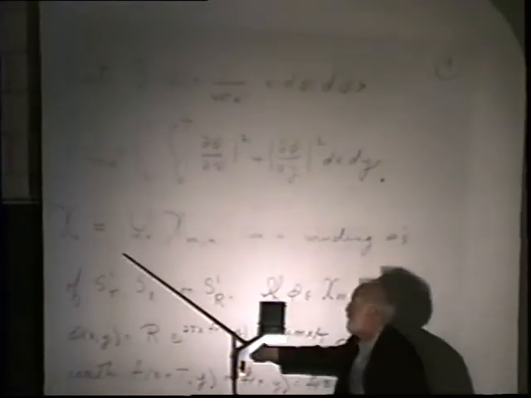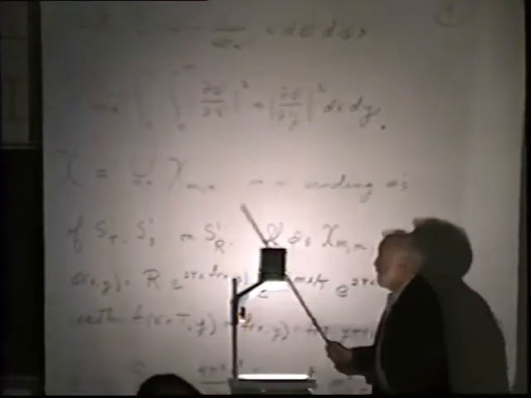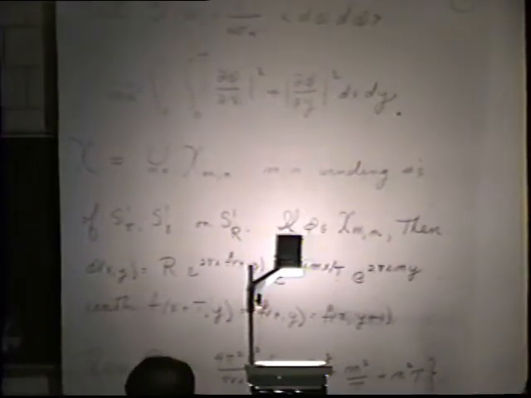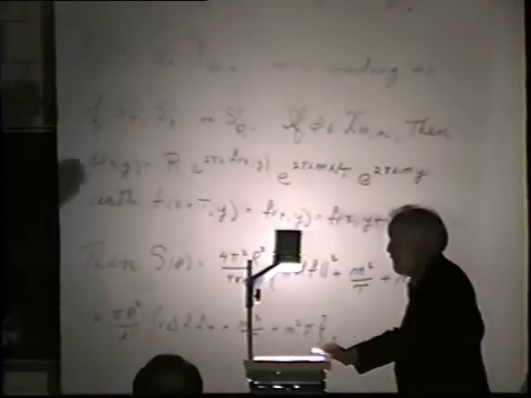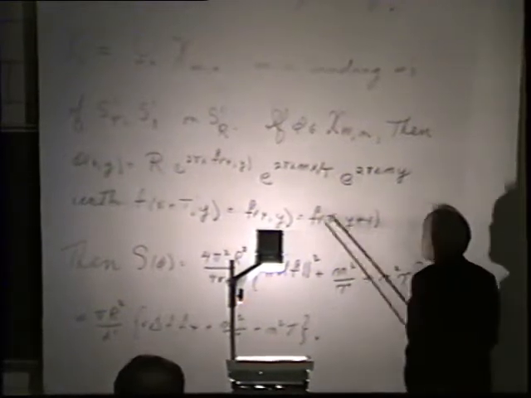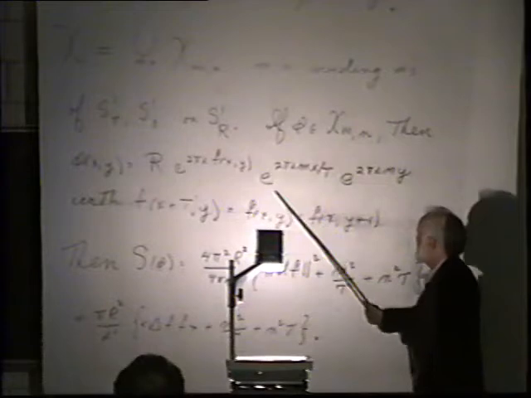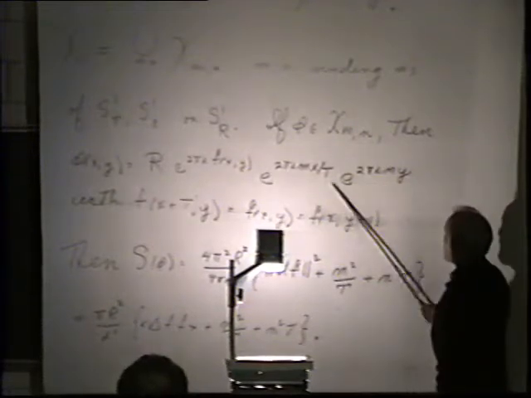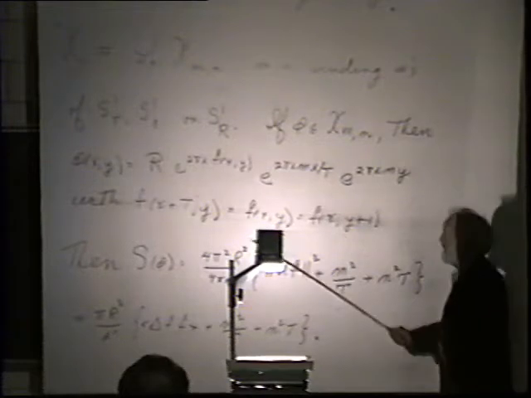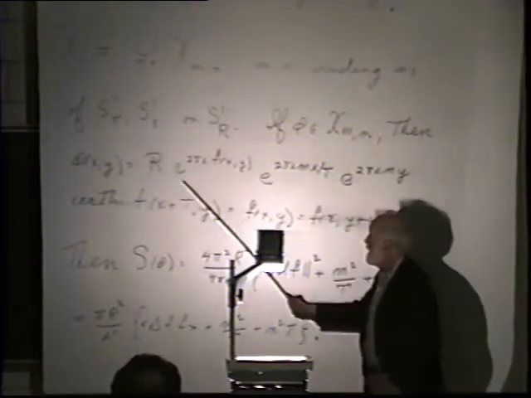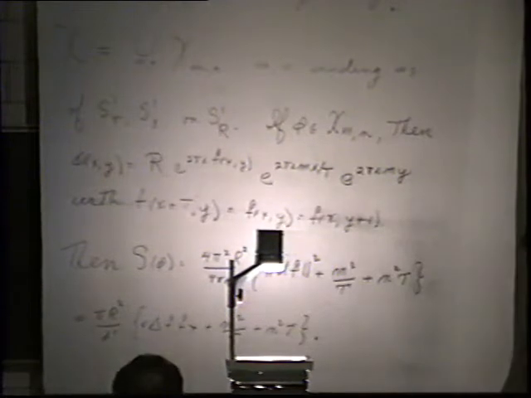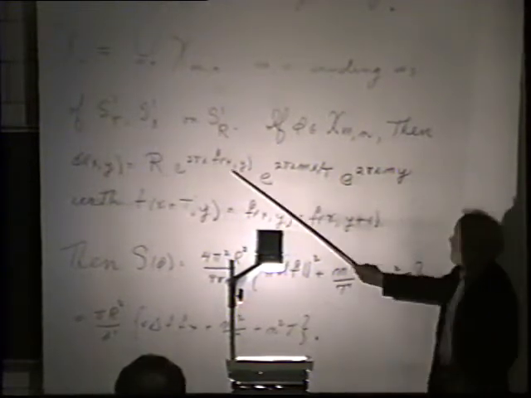So that's the action, and we can compute it because, of course, we can break up this big space into its components, the components being given by two integers, the winding numbers of these two circles around S1 of R. And in fact, if you have something in chi of M, N, it can be represented by a winding number M and N by these explicit maps times R, which is the radius of the target, and the part that's homotopically trivial once you've got this piece, which you can write as an exponential.